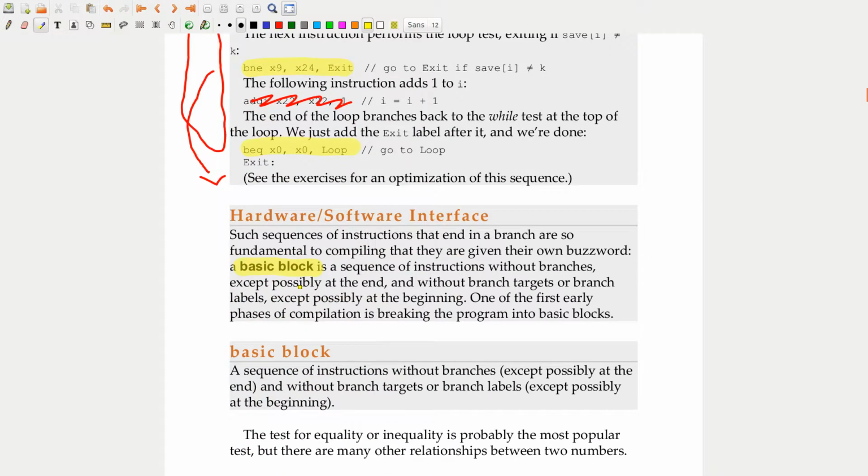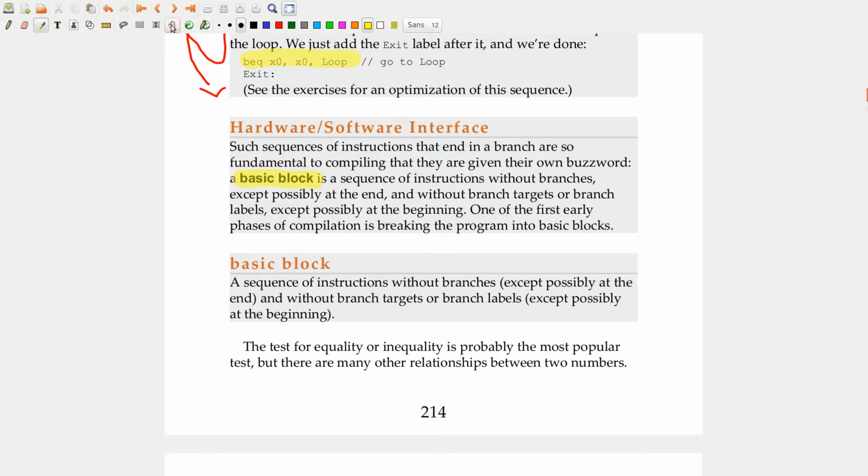Maybe it's better if I draw some circles. If these are my basic blocks, they can go from one another in any arbitrary fashion that they want, but they don't bounce around within themselves. That's probably the better way to explain that.